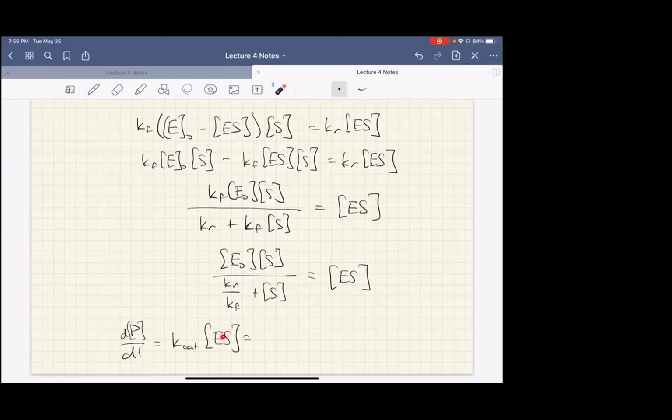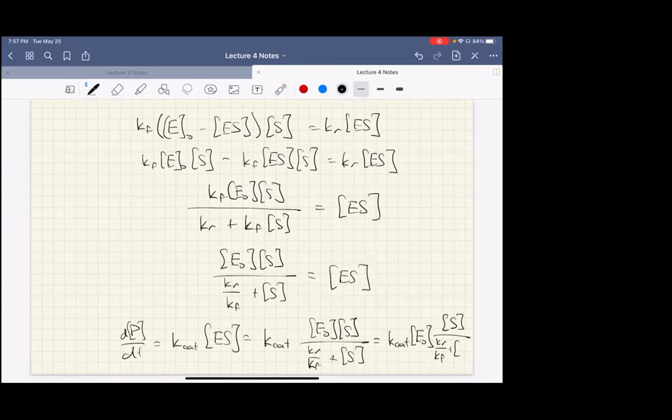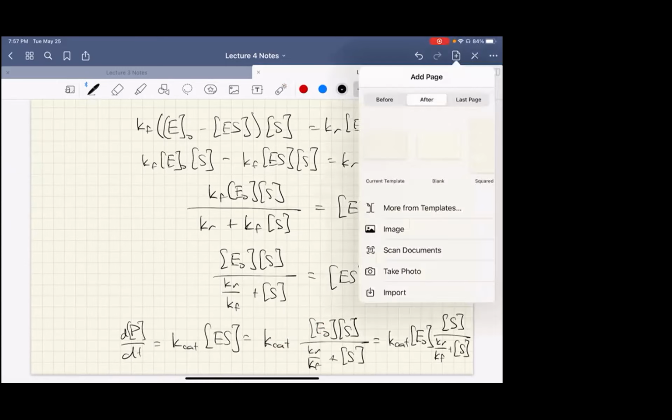So basically I take that, plug it in here, and I get kcat E0S over KR over KF plus S. And finally, I'm just going to pair this E with this K, and I get the following. Okay, I'm going to redraw that on the next page, make some remarks about it.